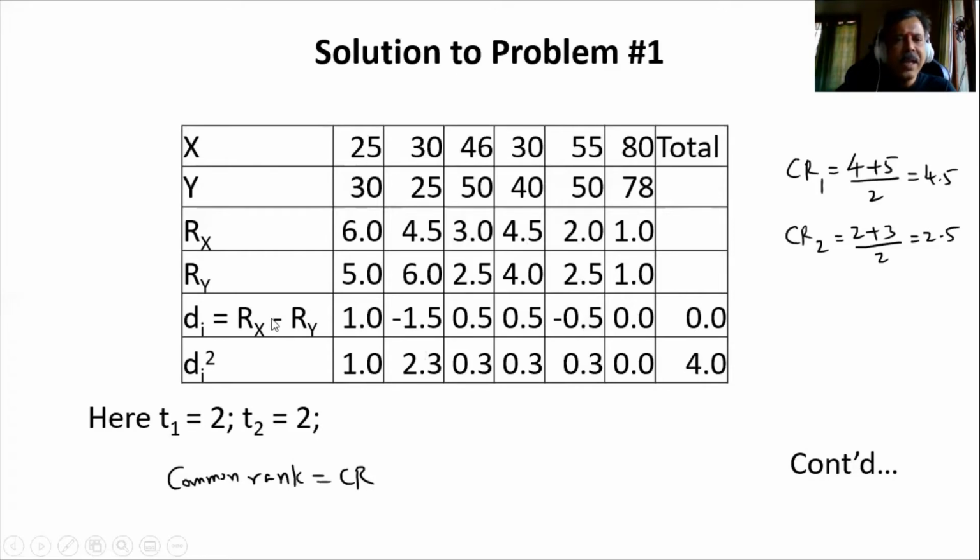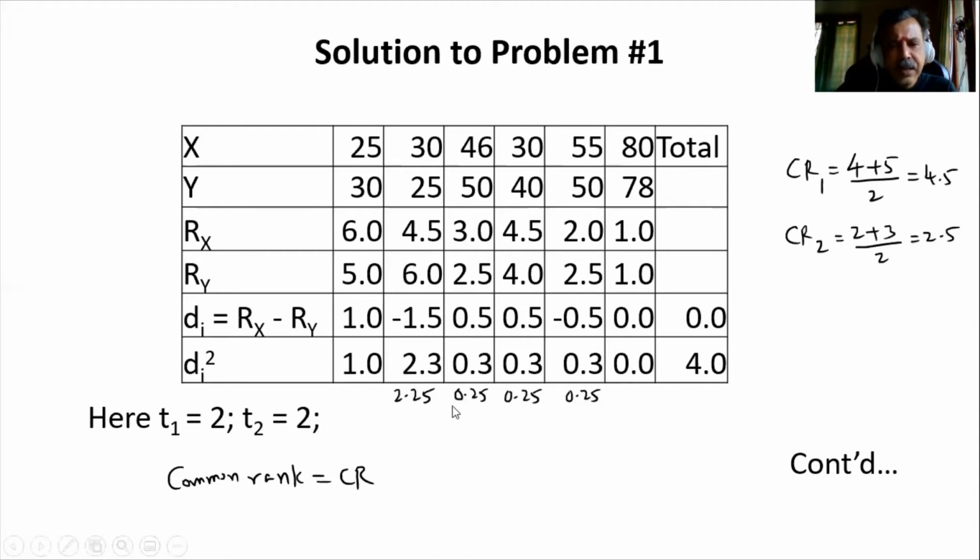Now, for applying the formula we had seen in the previous video, I need to square all these di values. 1 square is 1. 1.5 squared is 2.25. 0.5 squared is 0.25. This also should be 0.25, and this also 0.25. 0 square is anyway 0.